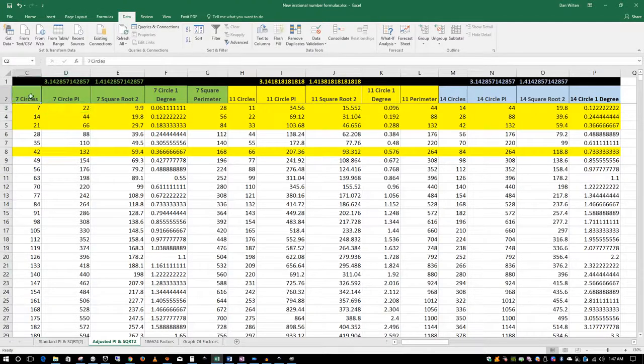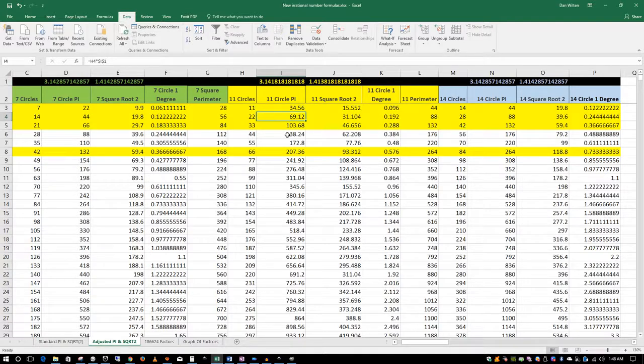For anything that has factors of 7, we use the pi version, which is 3.142857 repeated. If we have circles with factors of 11, we use the number pi 3.14181818, and so on and so on.